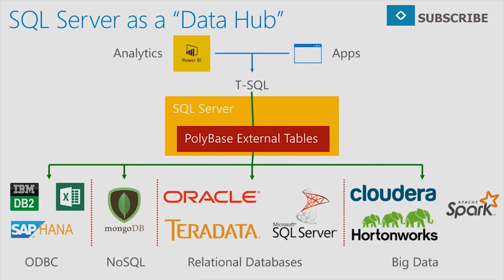Okay, so the first area we are looking at for investment in Linux is what we call SQL Server as a data hub. Today, you can use Polybase and linked servers on Windows to get to data external to SQL Server.